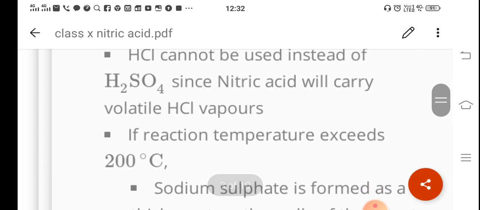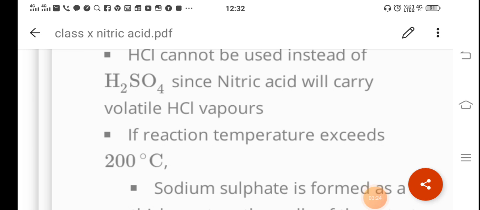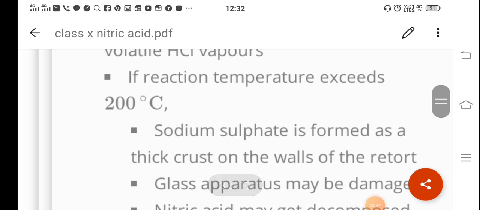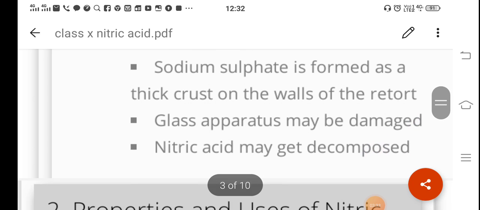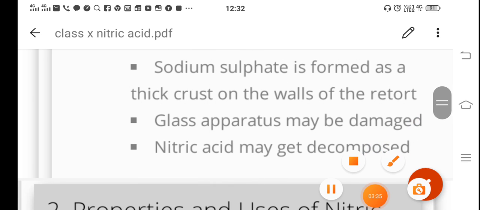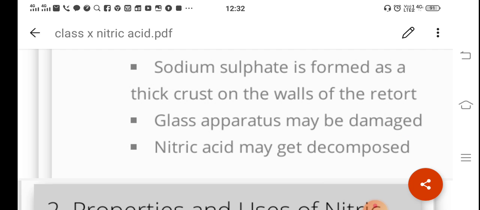And if the reaction temperature exceeds 200 degrees Celsius, then sodium sulfate is formed, which forms a thick crust on the glass apparatus. This is the reason the temperature is maintained below 200 degrees Celsius, so that the glass apparatus is not damaged and the nitric acid does not decompose in the presence of sodium sulfate.